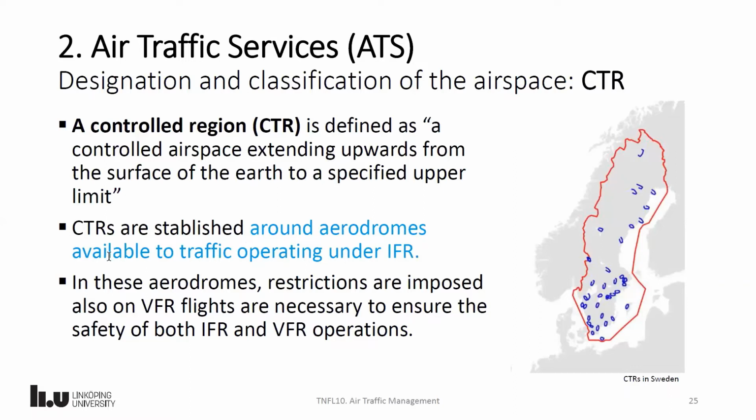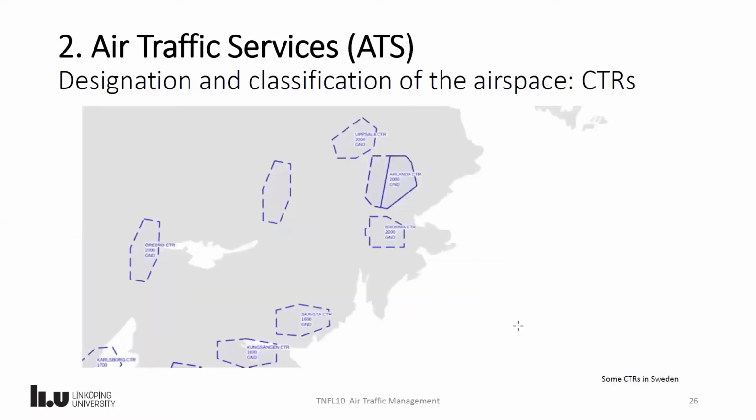And in these aerodromes, where CTRs are around them, it is necessary to impose additional restrictions, not only on IFR flights, but also on VFR flights. So this is a close-up of the different control regions around Stockholm.